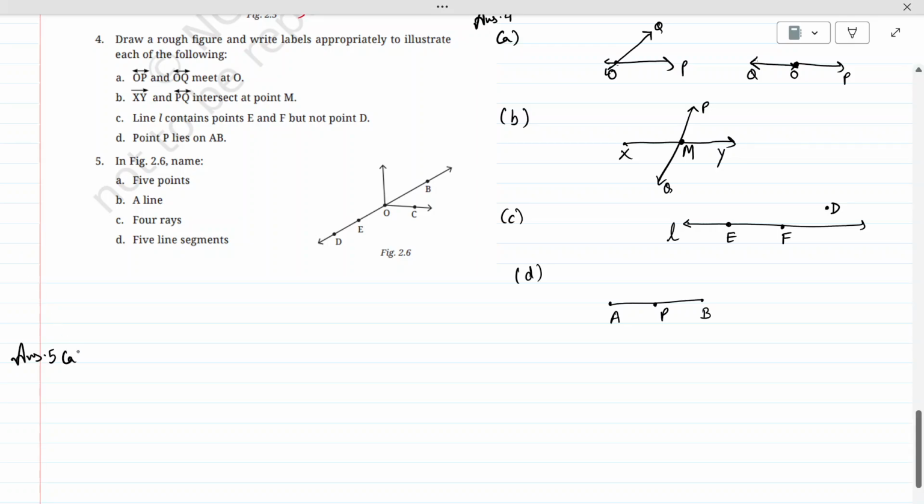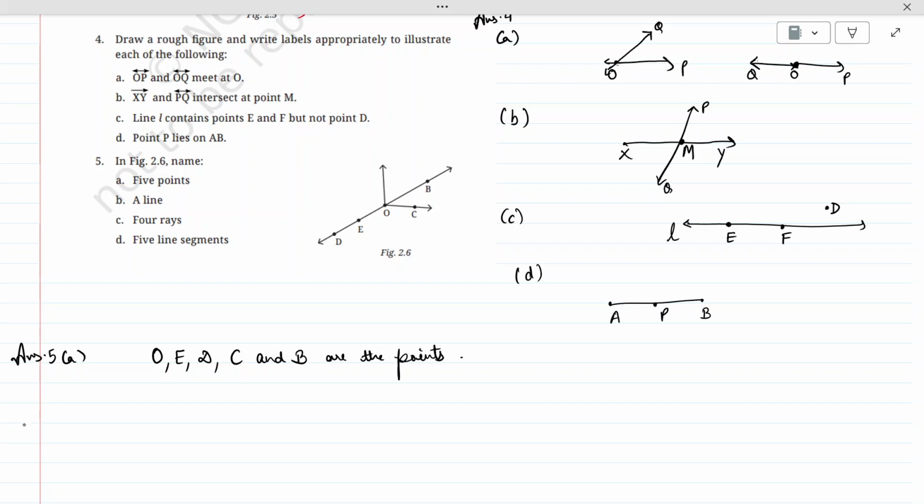First part is we have to tell the 5 points. So 5 points are very simple: O, E, D, C and B. So I'm writing O, E, D, C and B are the points in this figure.